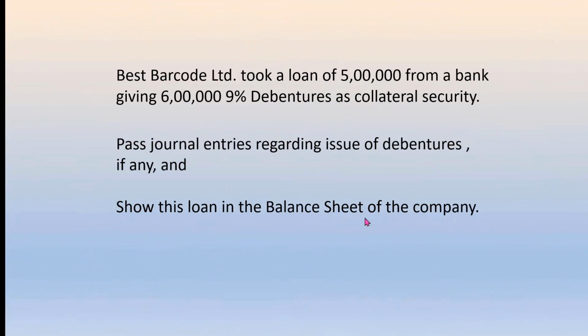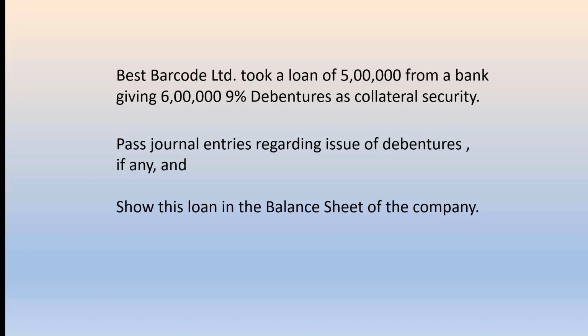The issue of debentures as collateral security means that the debentures have not been issued for a consideration received in cash or in kind, but have been issued only as a supporting or secondary security for the loan taken.